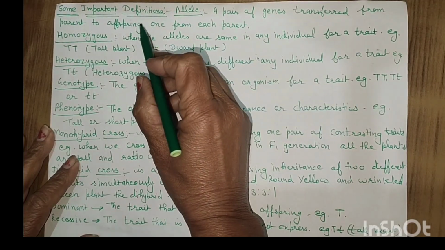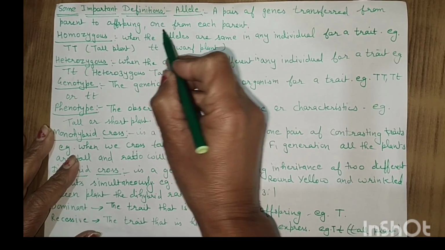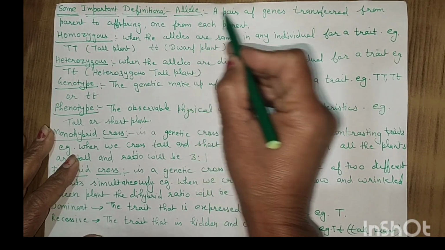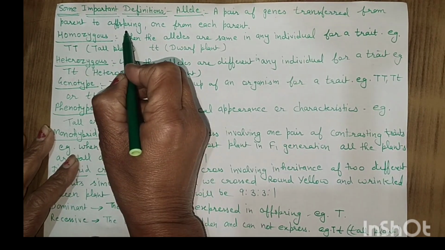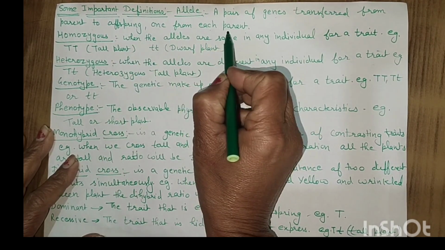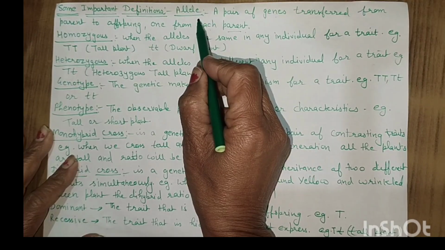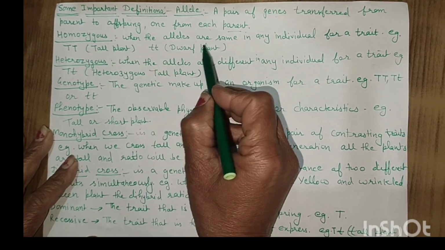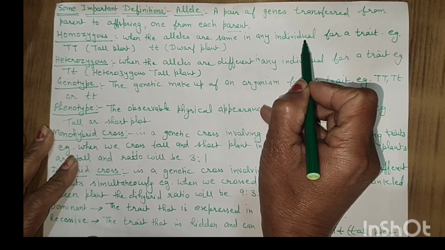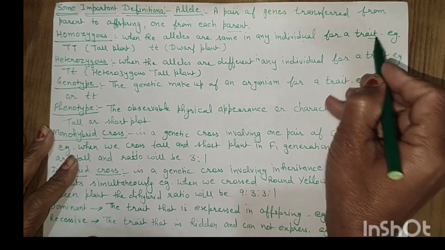We'll discuss some important definitions. First is allele: a pair of genes transferred from parents to offspring, one from each parent, is called an allele. Homozygous allele, when the alleles are the same in an individual for a trait.